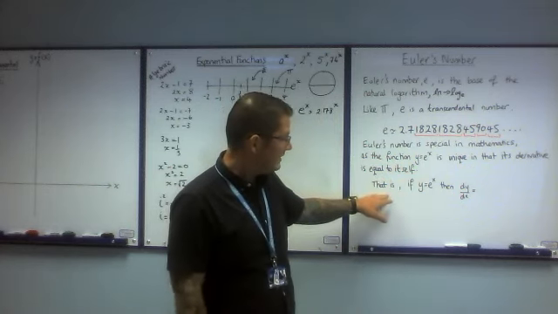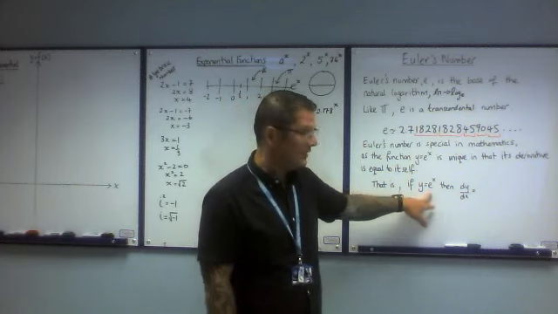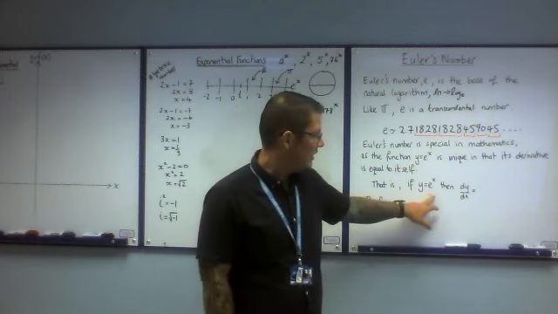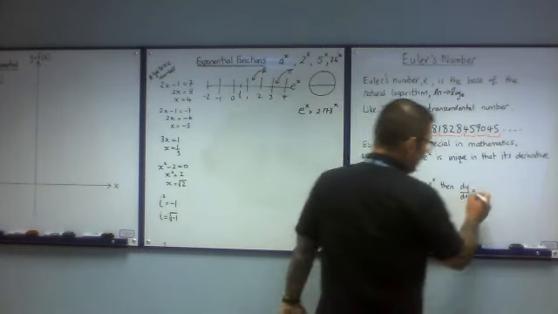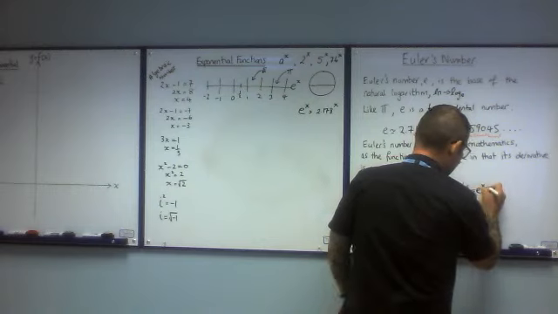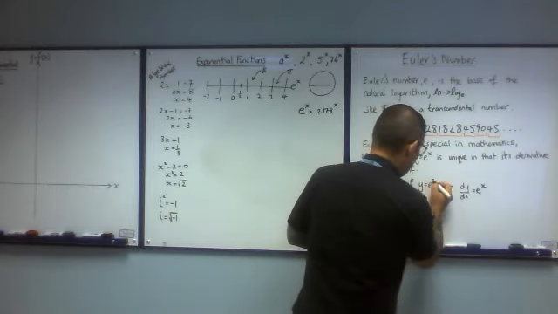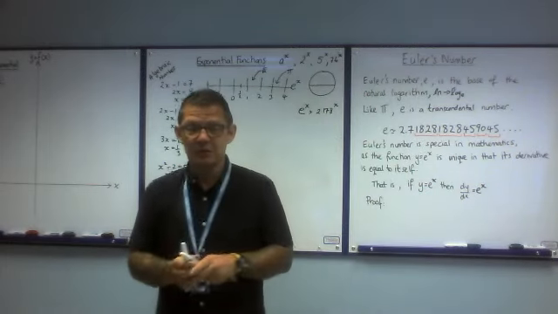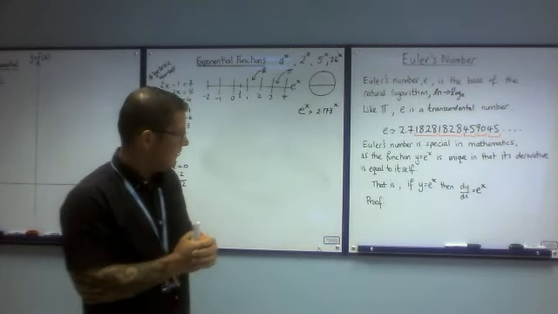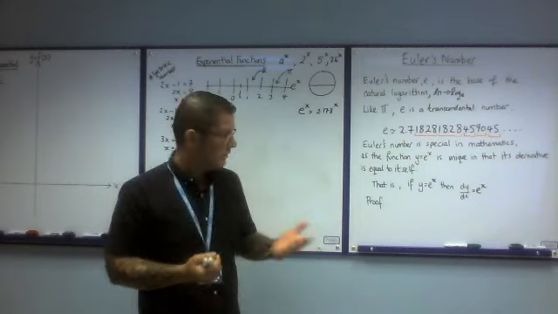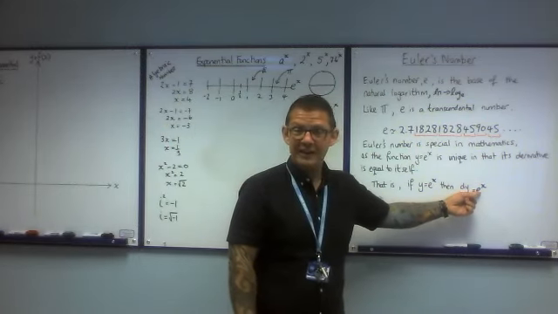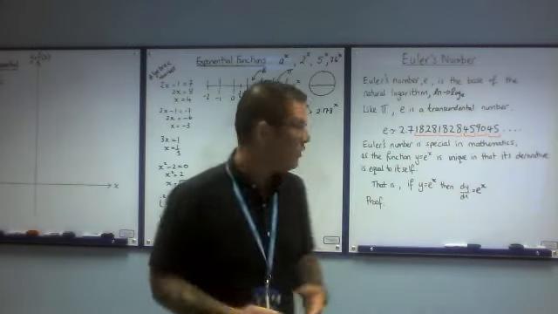What that means is, if y is e to the x, then dy by dx is also e to the x. We can't ask for anything easier than that. On your exam paper, if you were told to differentiate e to the x, then dy by dx is e to the x. You just write it down again. There's no thought going on there.